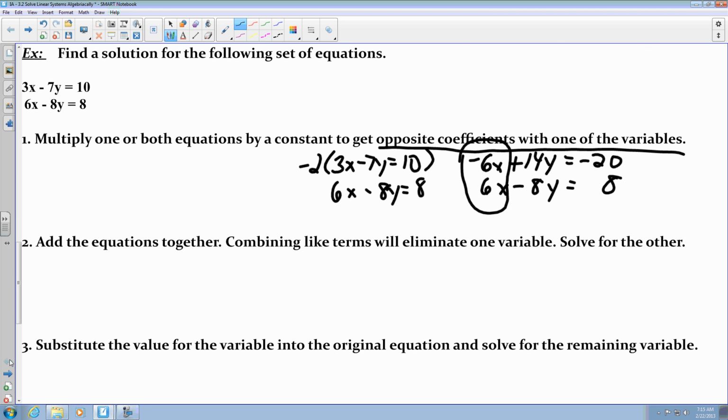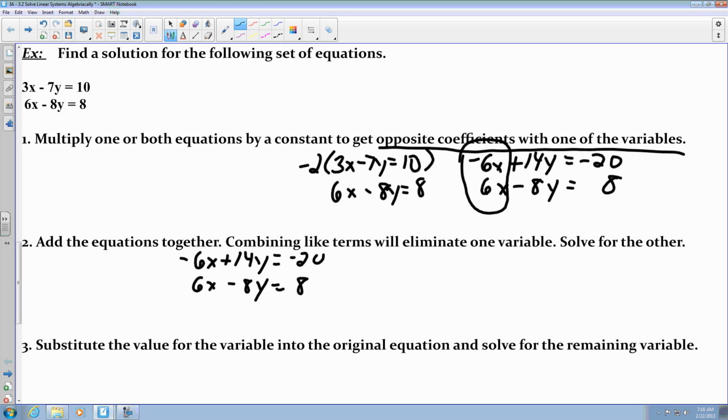From there, we're going to add the equations together. By adding equations together, we can combine like terms, which would eliminate one variable, and solve for the other. So I got negative 6x plus 14y equals negative 20, and I got 6x minus 8y equals 8. So they want me to add the equations together.